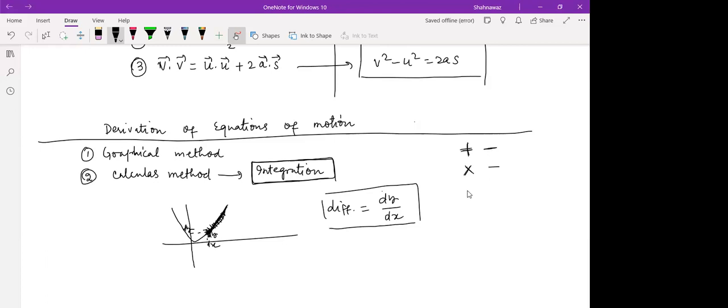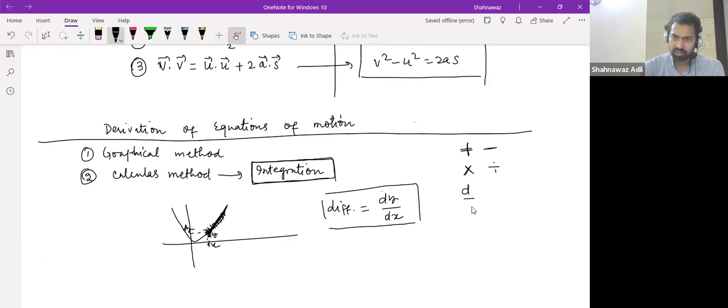Similarly, we have differentiation, and the opposite of differentiation is integration. So this is denoted by this, and this is denoted by this. This is the differentiation with respect to x, and this is the integration with respect to x. So this is dy by dx, and this is y. Is this clear to you?